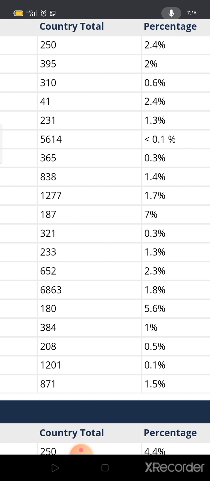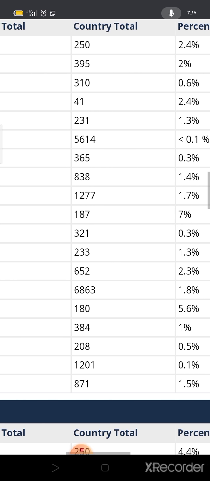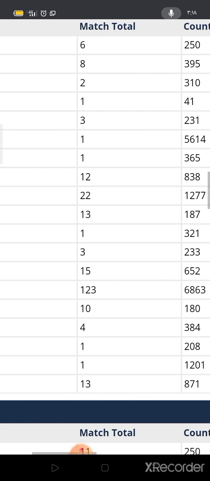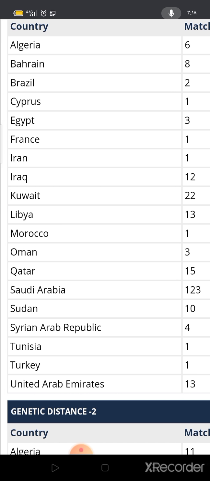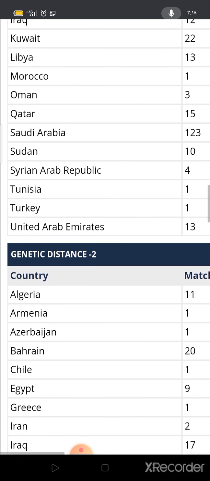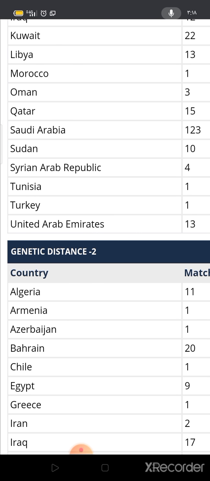Okay, and there is also here 5.6. The fifth line from down to up. 5.6%, 180 people. I have 10 matches from Sudan, my country. Okay, genetic distance 2. That means we share 23 markers and we have differences of 2 markers.